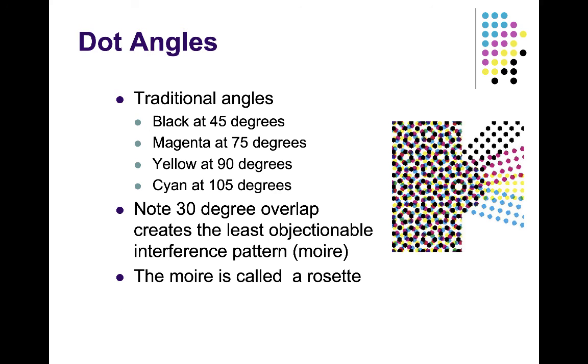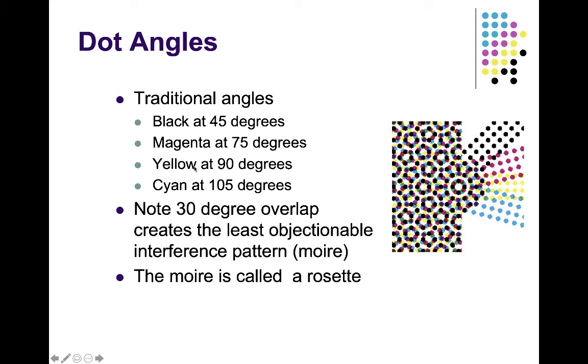Then we have dot angles, with black at 45 degrees, the least visible angle, and then magenta and cyan at 30-degree increments from black. 45 add 30, 75, 75 add 30, 105. These 30-degree increments form what's called a rosette, and a rosette is a type of moire pattern that you can see represented by these circles.